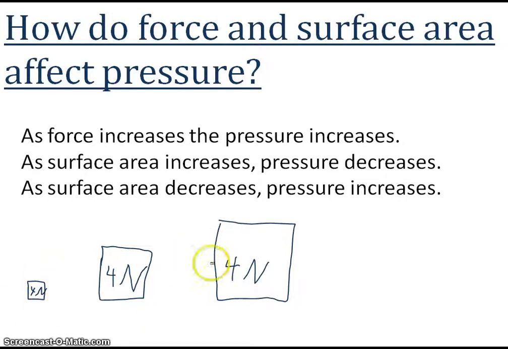If we spread out that force, each piece of this area is getting less of that force. So it's spread out over that greater area. Less of it is in any one place. So we've spread out that force in a greater area. So the greater the area, the less pressure there is for the same force.